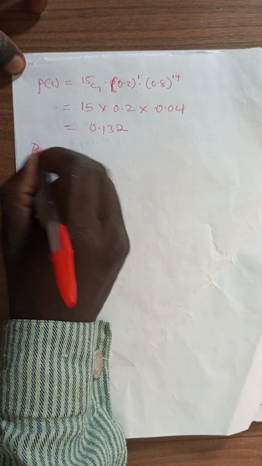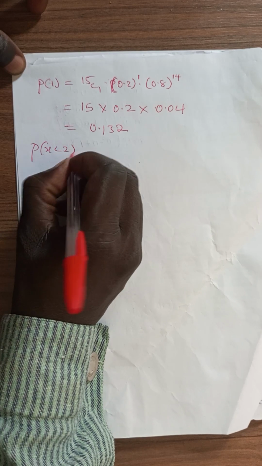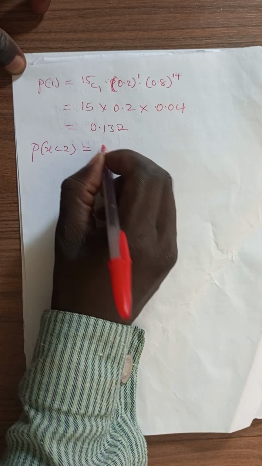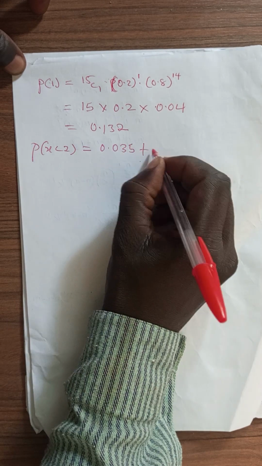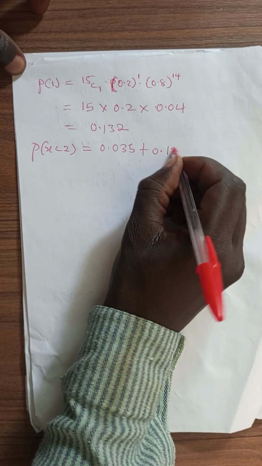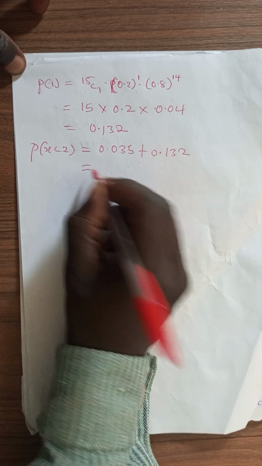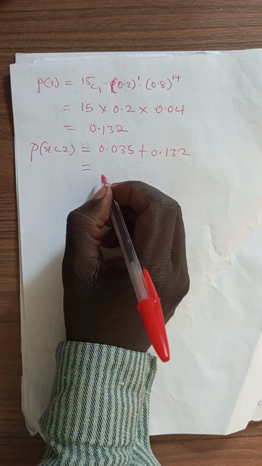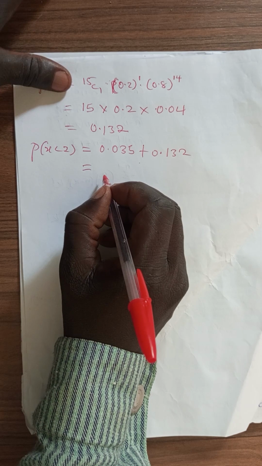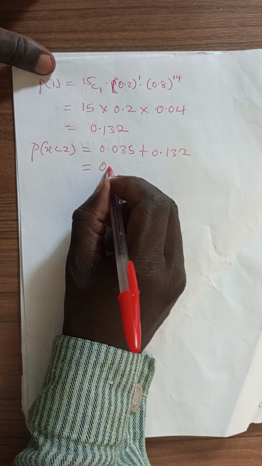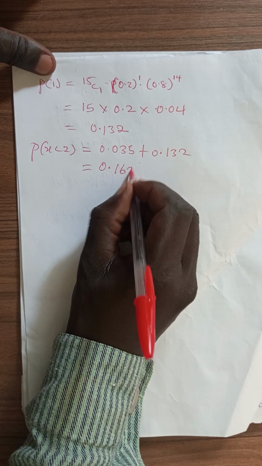Therefore, the probability of x less than 2 is equal to 0.035 plus 0.132. And that is going to be, in all, 0.167.